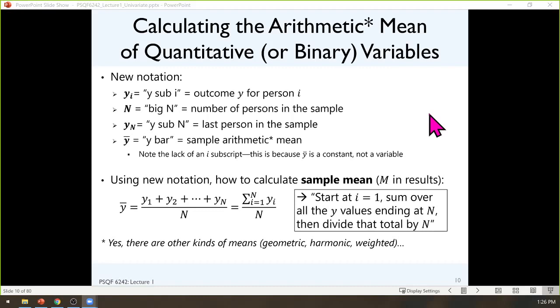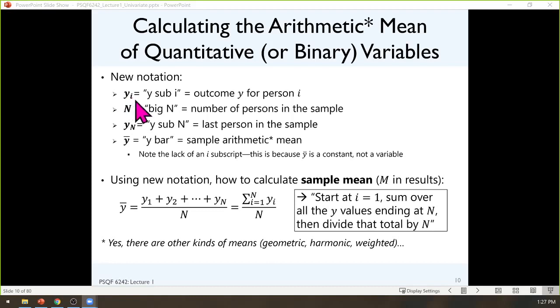So starting with just a mean. You all know what a mean is. You all know how to calculate a mean. Here is the notation that goes along with those ideas. This term right here, y, is a letter that's going to represent the variable we're talking about.